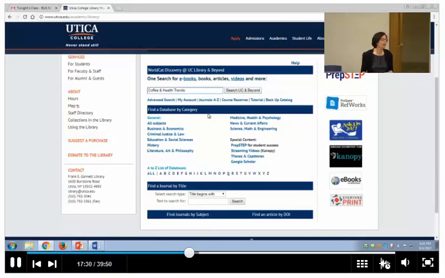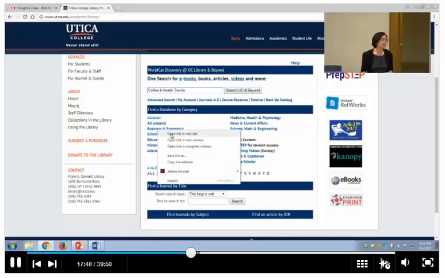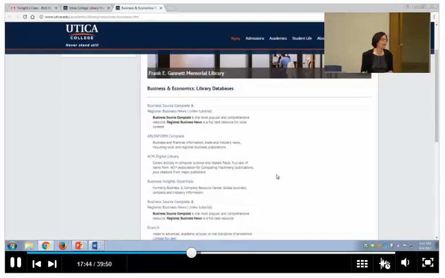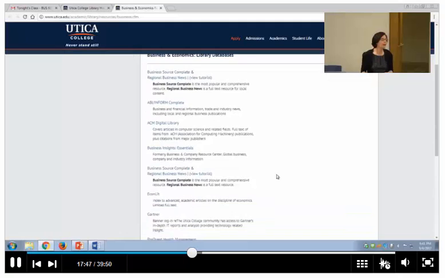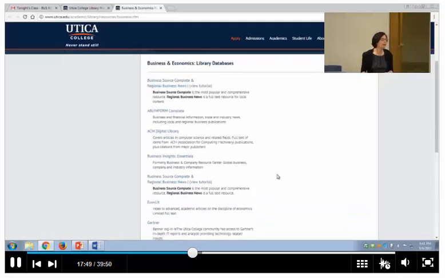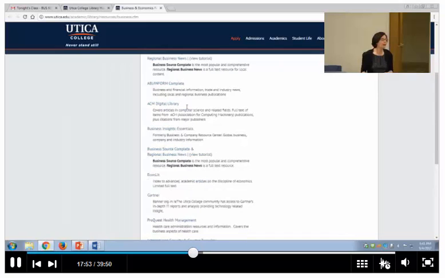But the other thing is when you get down to Find a Database by Category, the Business and Econ section is where all the business-related databases are. So I put some of them on this page: Business Source Complete, Business Insights Essentials, ABI/INFORM Complete, LexisNexis. LexisNexis is an interesting one because it really takes you to all the newspapers in the world, okay?